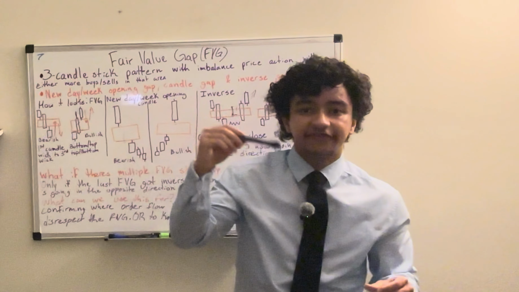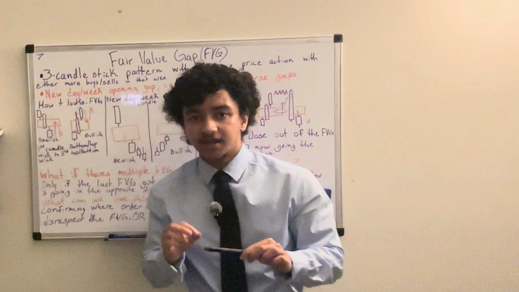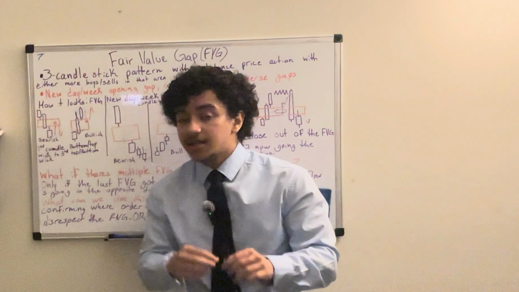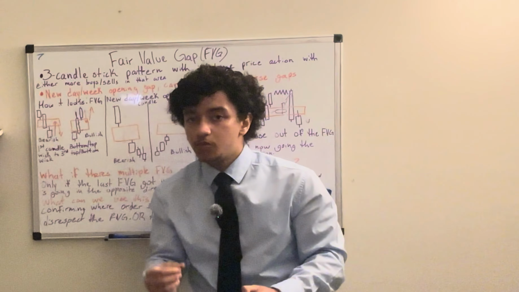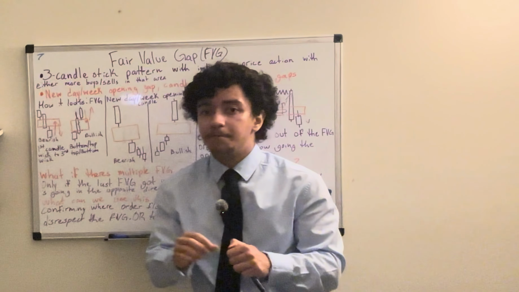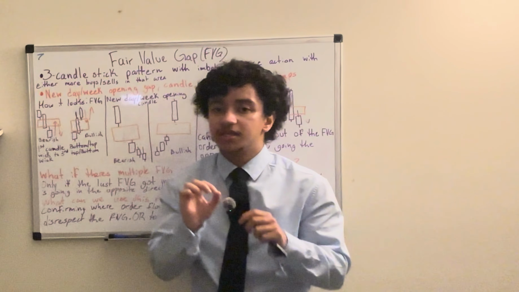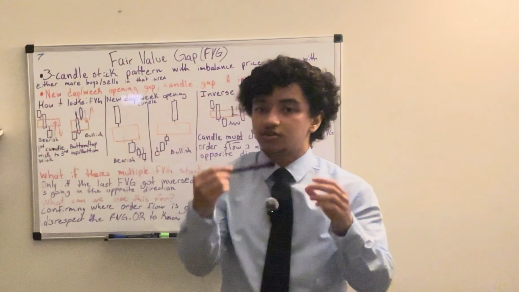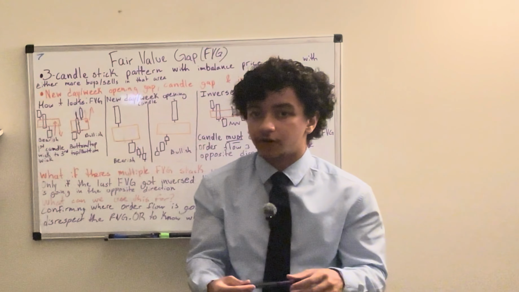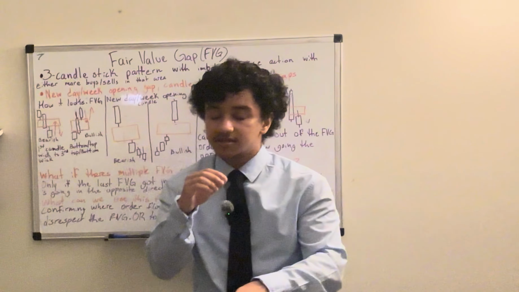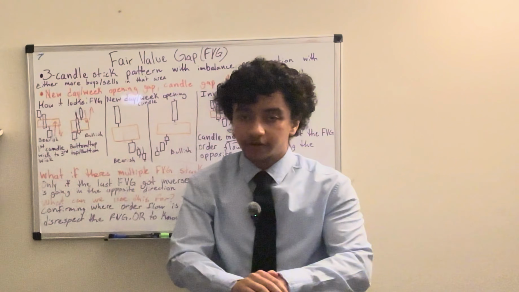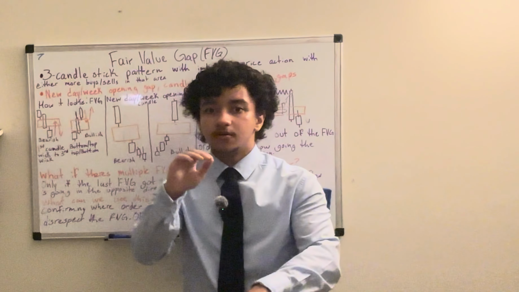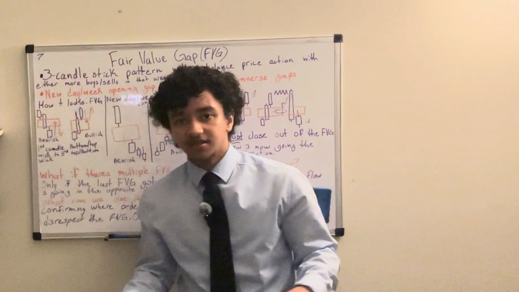If 4 out of 5 fair value gaps get inversed, that can indicate strong momentum to the opposite side. But I would be careful because there's still one more fair value gap that needs to get inversed in order to confirm that order flow is going in the opposite direction.